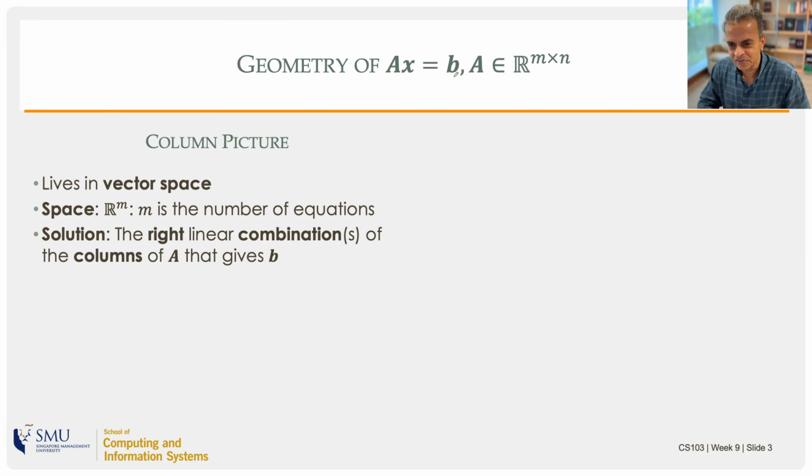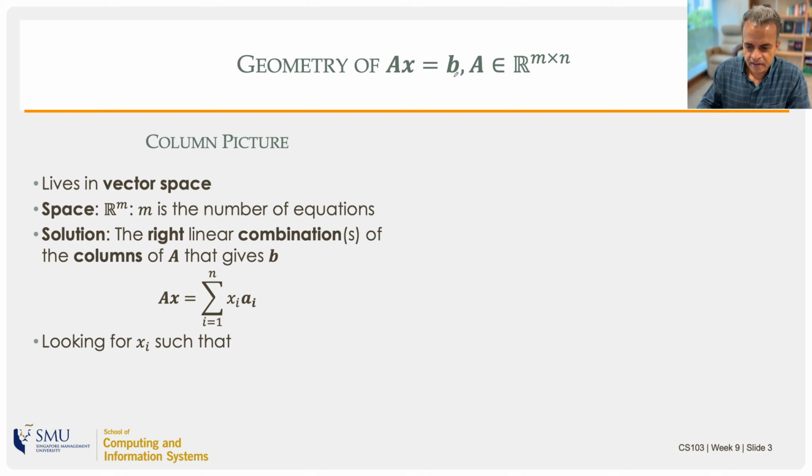So the column picture of linear equations is just that. You're looking for the right linear combination or combinations of the columns of A that gives you b. To write it explicitly, Ax basically says that is the linear combination of the columns of A, small ai, with the weight xi, and then summing it up, and that's a linear combination.